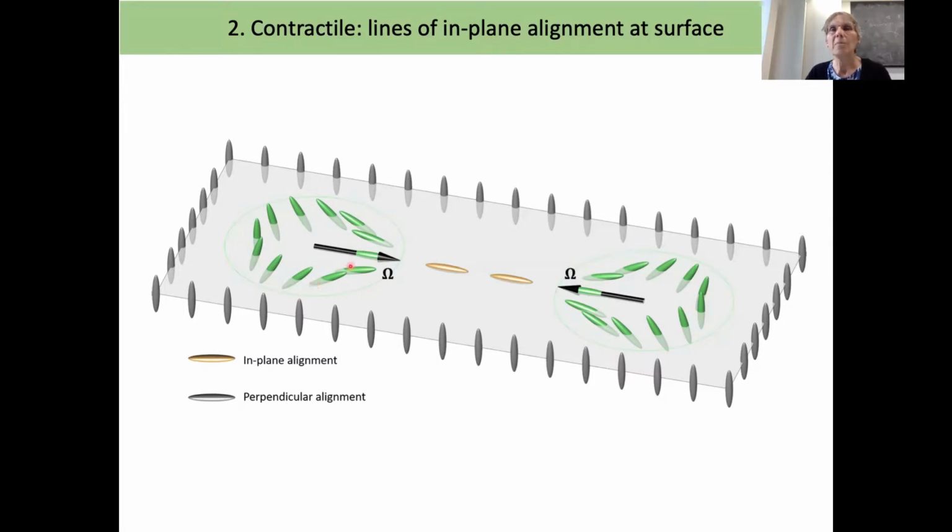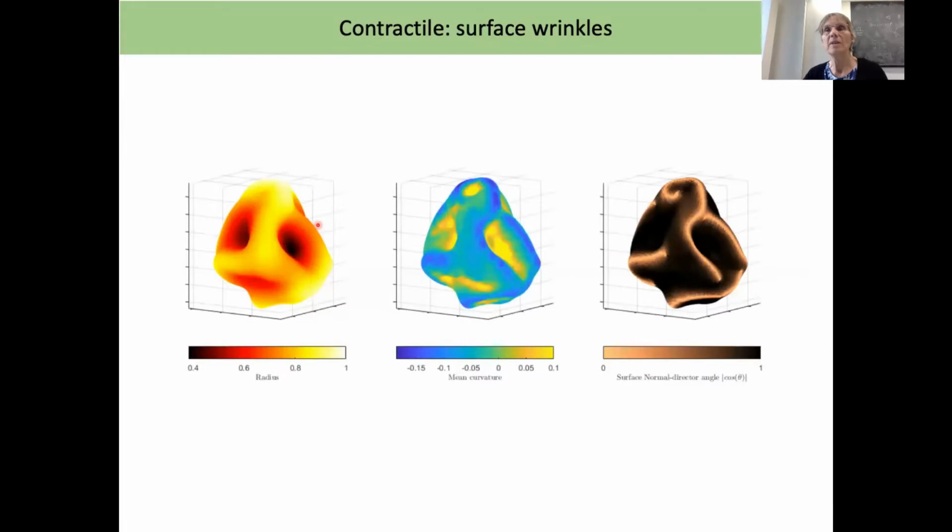So you have in-plane regions, which are miserable, and what happens is that the defects point to each other so that you get in-plane lines between them, because this minimizes the regions where you have the wrong anchoring. And then flows are produced at those lines, and what the flows do is push the drop outwards, so you end up with this walnut shape.